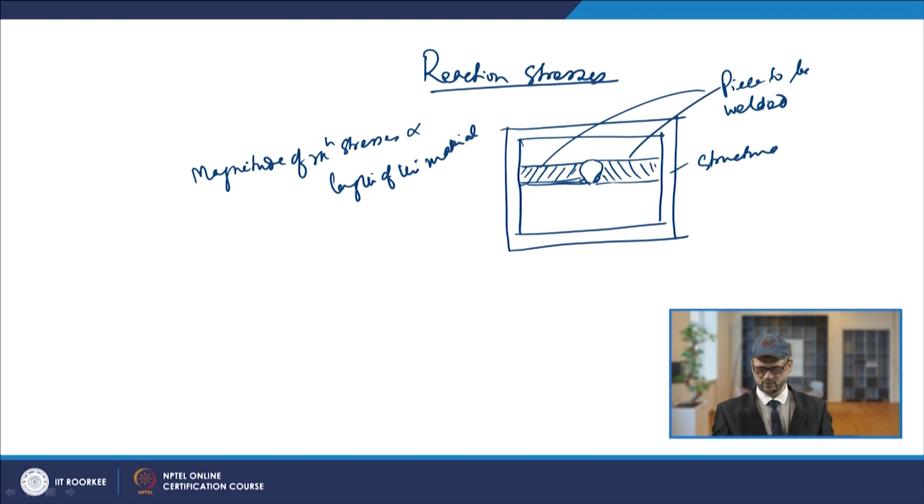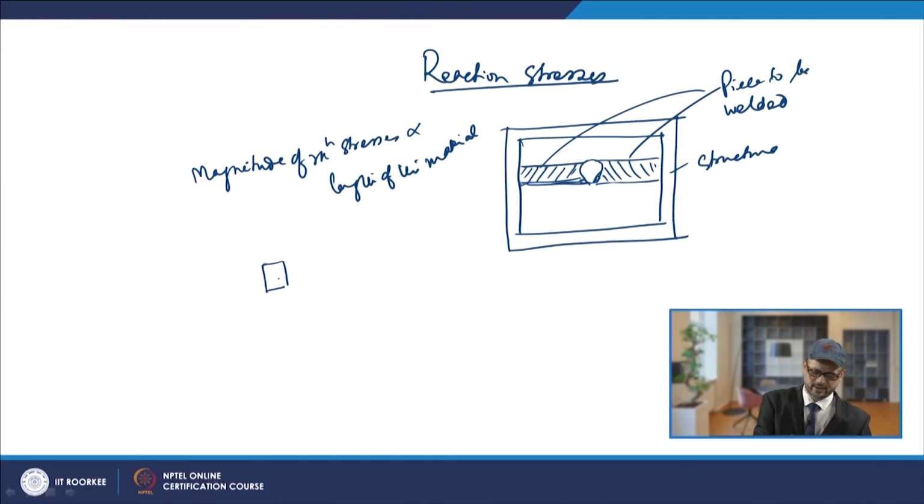Normally the stresses which occur vary from joint to joint. We have talked about the pattern of the residual stresses which occur in normal butt welds, but consider box welds.